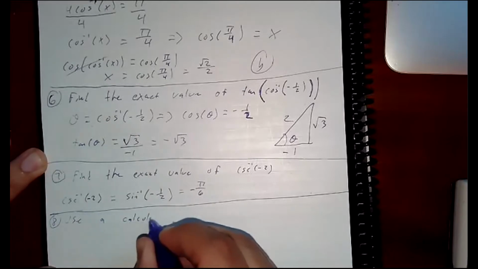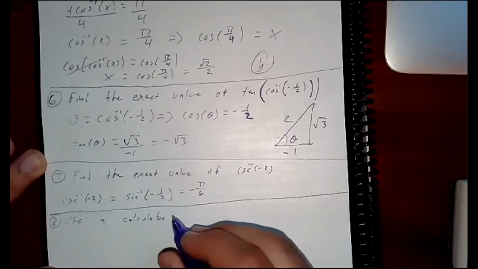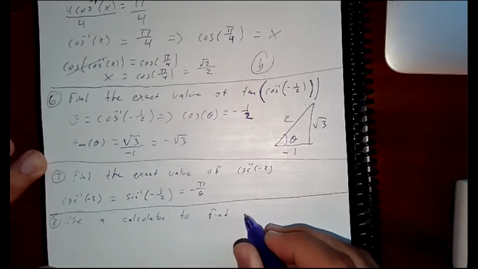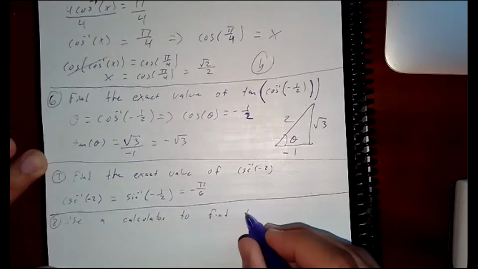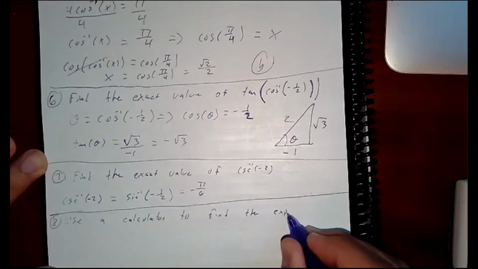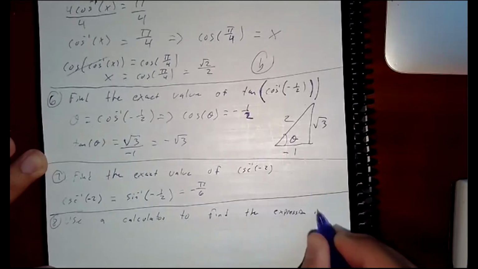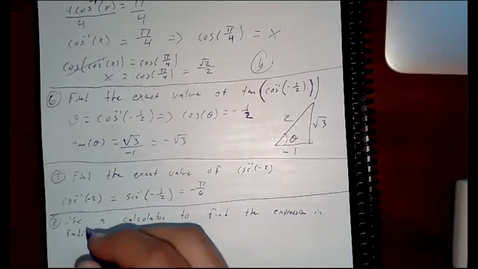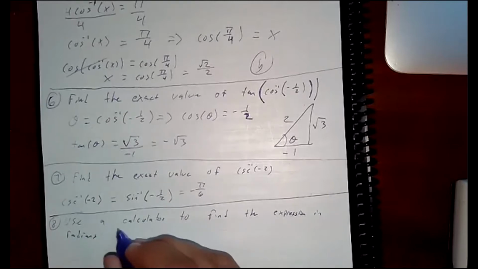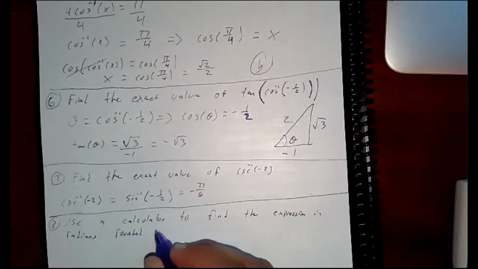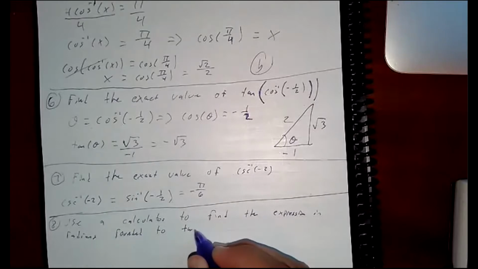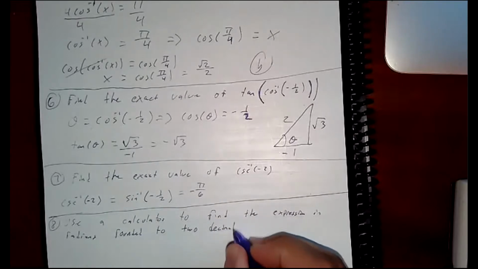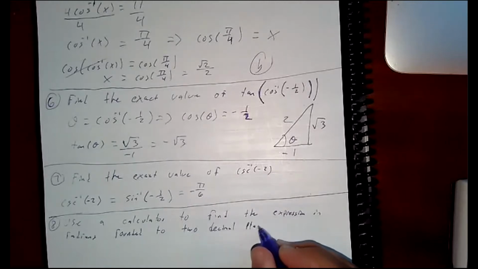So this time you'll have a decimal to find the expression in radians rounded to 2 decimal places.